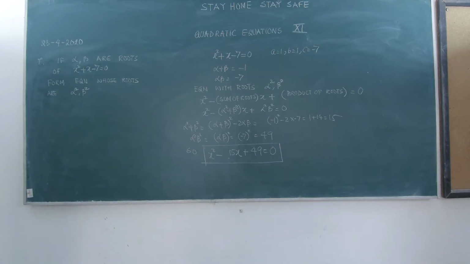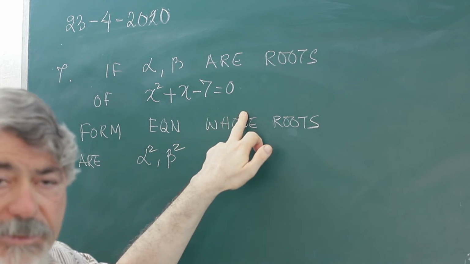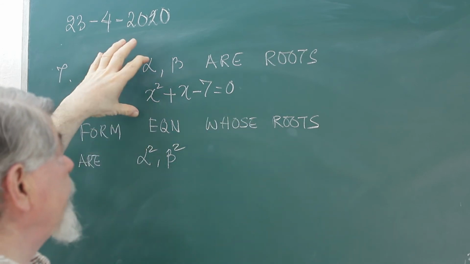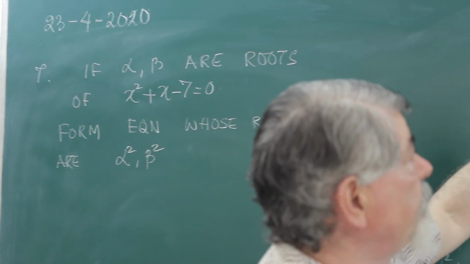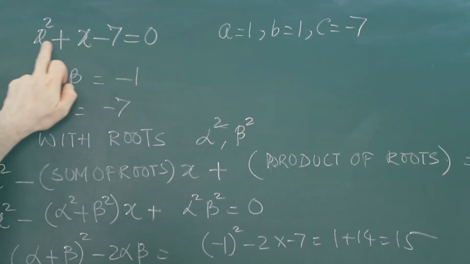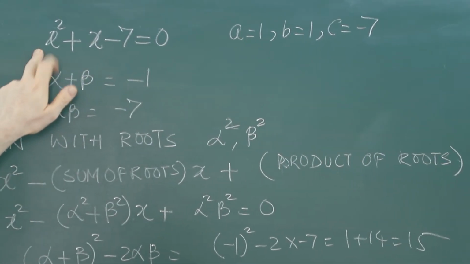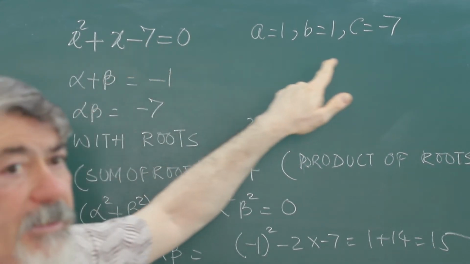In the next question we have, if alpha beta are roots of x square plus x minus 7 is equal to 0. He has given you alpha beta as the roots of the equation x square plus x minus 7 is equal to 0, in which a is the coefficient of x square, which is 1, b is the coefficient of x, which is also 1, and c is minus 7.